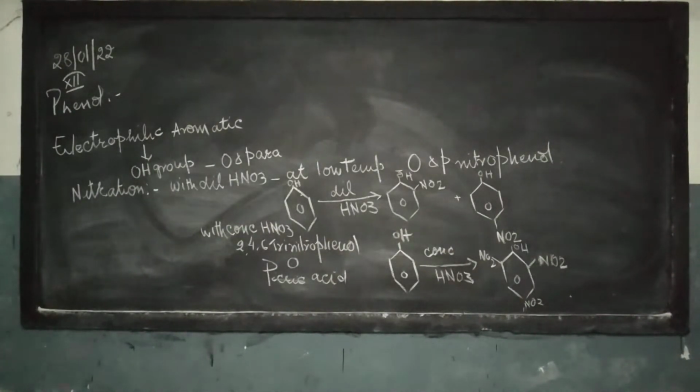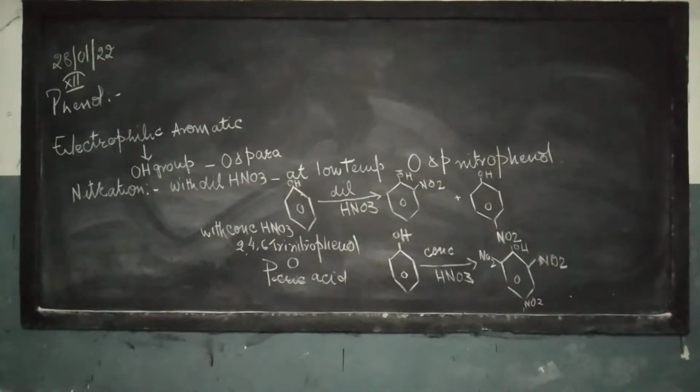Okay, I am going to repeat nitration one more time, then we will move towards the other reaction. With dilute nitric acid at low temperature, phenol gives ortho and para nitrophenol.